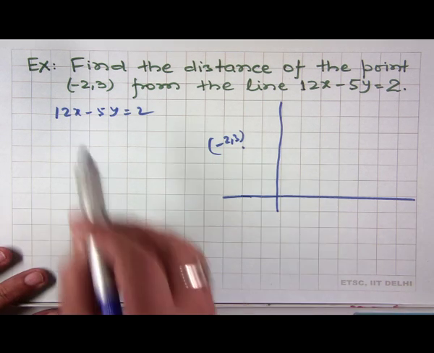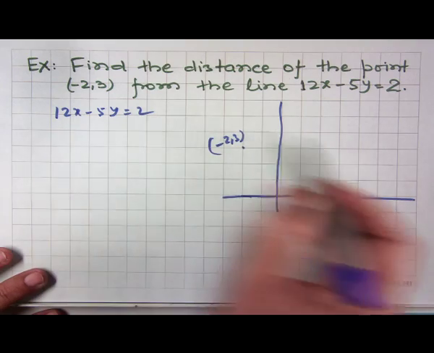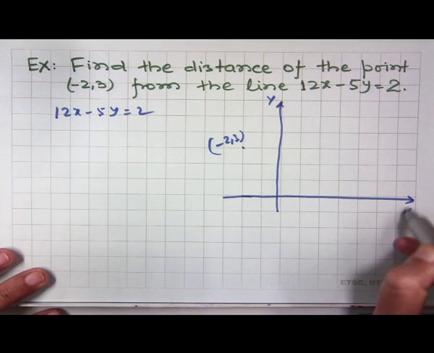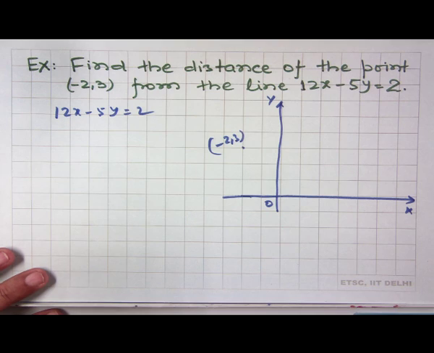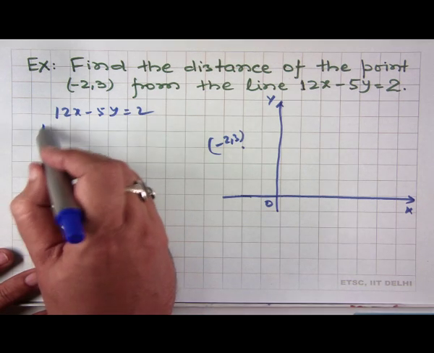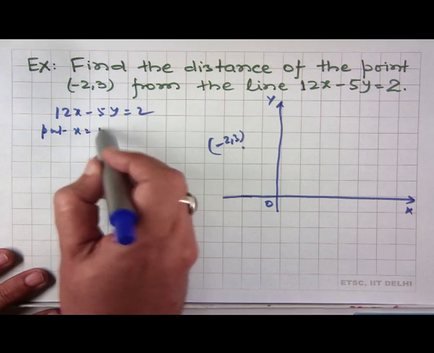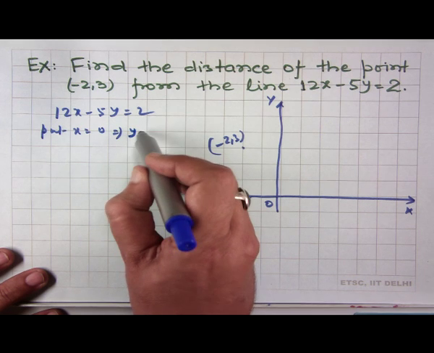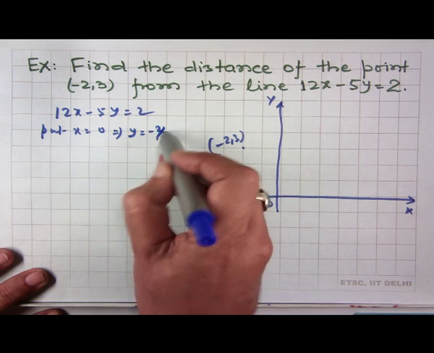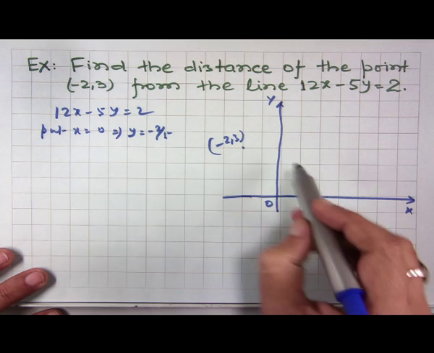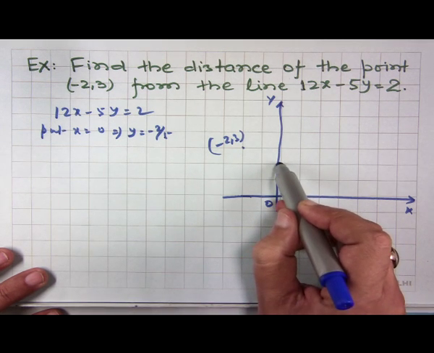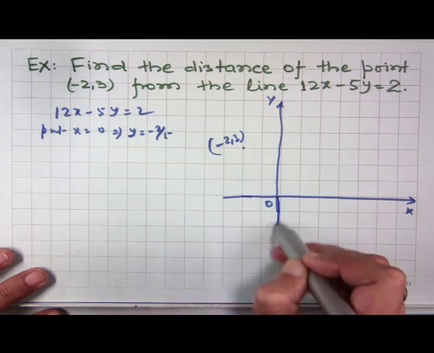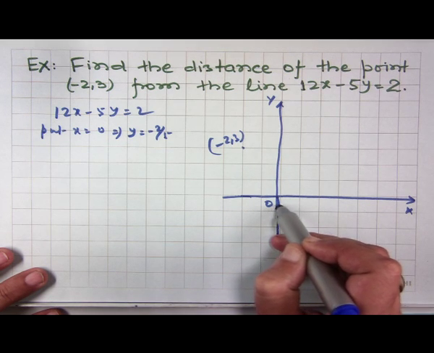So, if you try to draw this line roughly, put x equal to 0, it will give y equal to minus 2 by 5. So this point is minus 2 by 5, somewhere here.